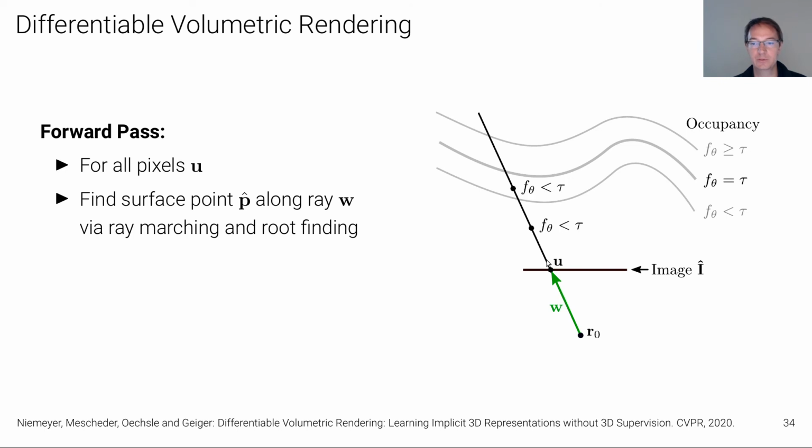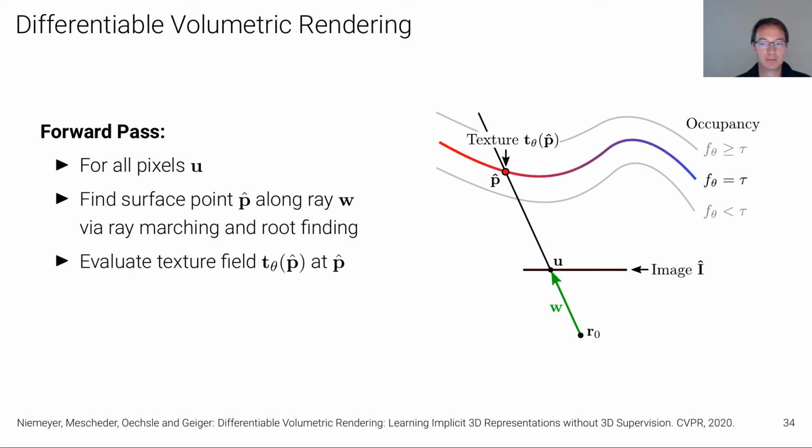So we first look at equidistant intervals of points along the ray, and once we find a change in the sign here, then we do root finding in order to retrieve that exact point in a small number of queries of the occupancy network. We then evaluate the texture field T theta at this predicted surface point P hat and insert that color value at that corresponding pixel location. Doing this for all the pixels, we get the entire image.